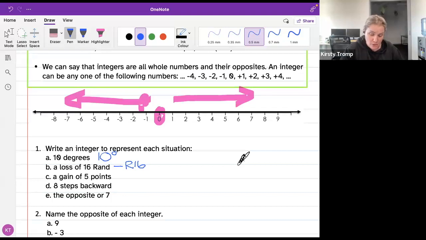I can if I wanted to, I could say plus 5 points. But I don't have to put the plus sign there, so I can just write 5 points.